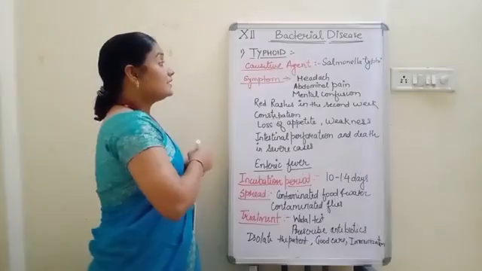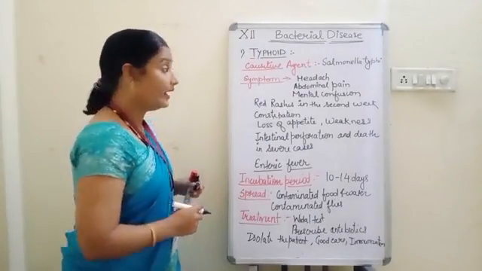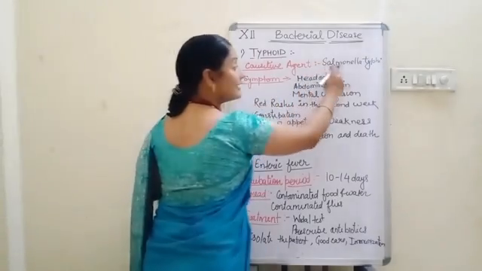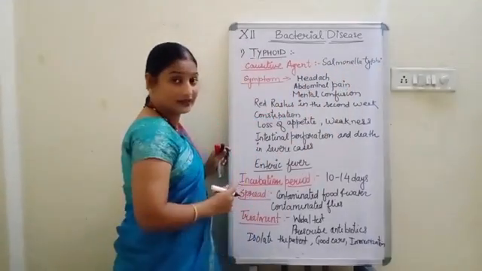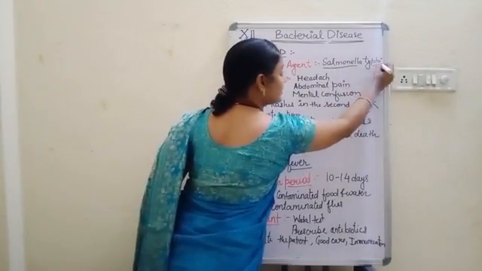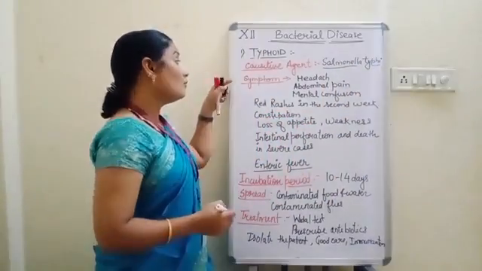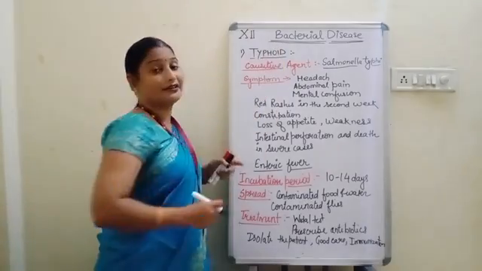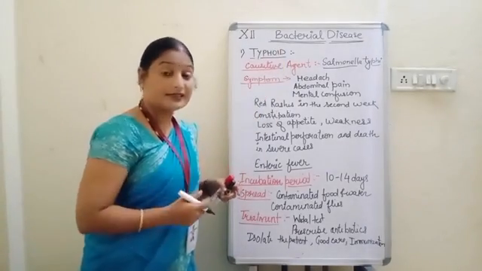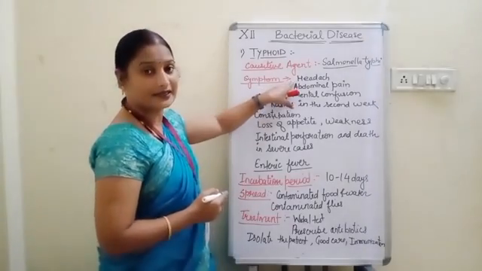See, this typhoid is caused by bacteria named Salmonella typhi. Okay, so the name I have written is called Salmonella typhi. Now children, what are the symptoms of the typhoid? The symptoms of the typhoid are number 1, headache.